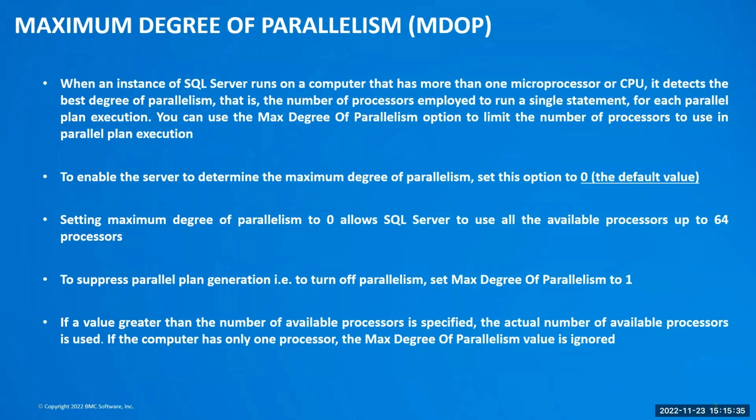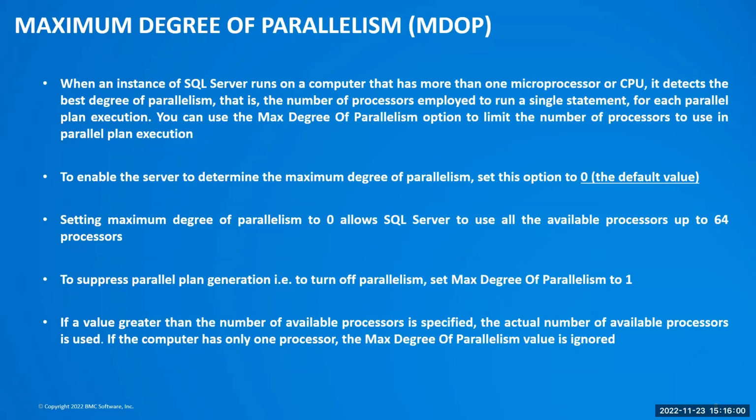So the first one I'm going to talk about is maximum degree of parallelism, MAXDOP. This is basically from SQL Server's own documentation. It's easier to set and run queries in parallel in SQL Server than it is in Oracle. Oracle involves a little more fiddling around with parameters.